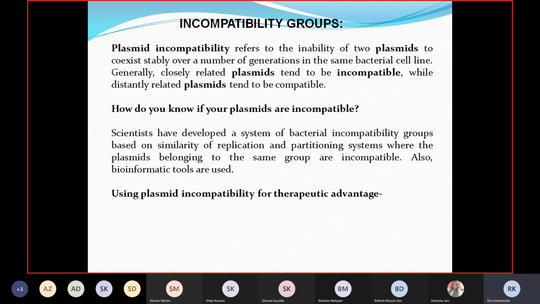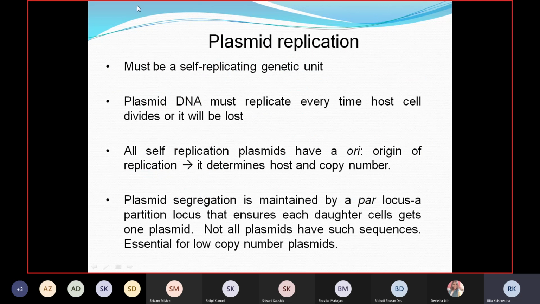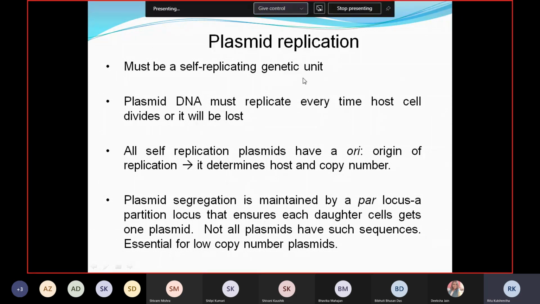So now there are 3 small points that I just want to introduce before I come to the structure of plasmid vectors. One is that every plasmid should have an origin of replication. If ORI is not there, then obviously the plasmid will not be able to replicate, and our whole purpose of having multiple copies of a cloned gene will not be possible.